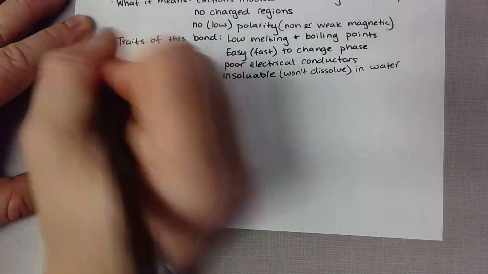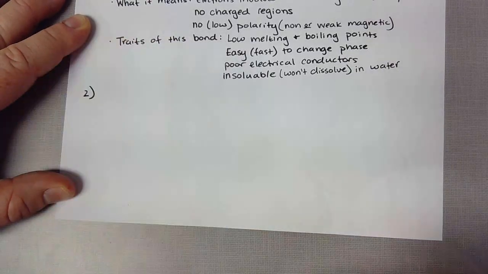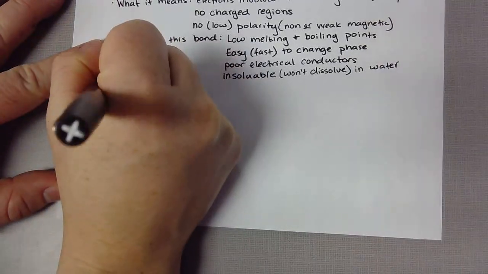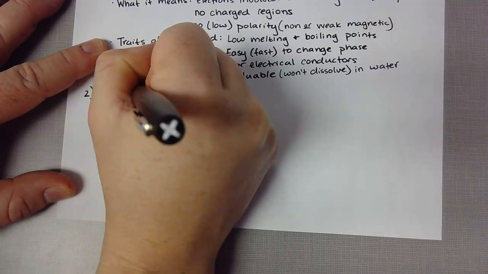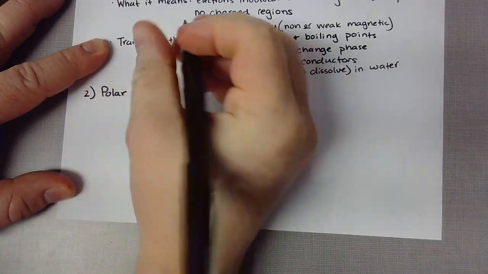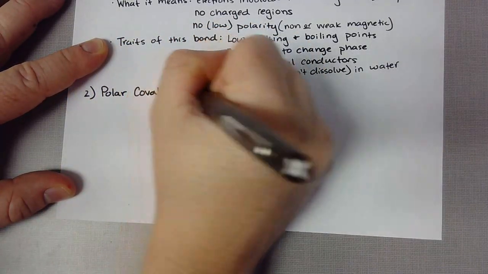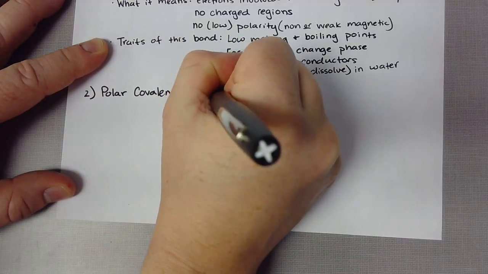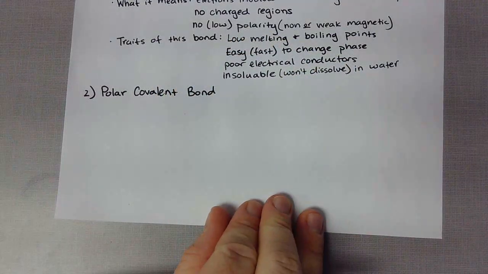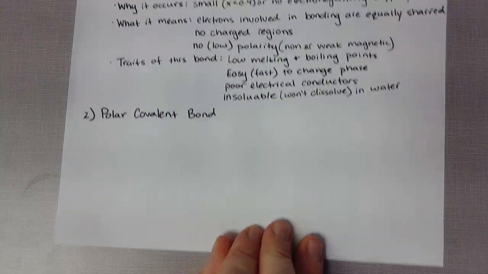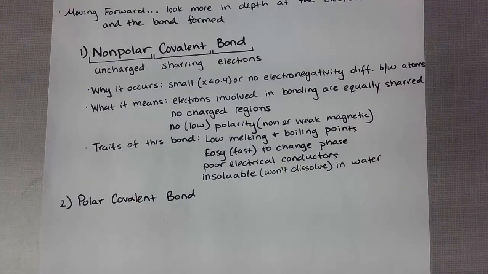Our next type of bond is called a polar covalent bond. We're going to break down this term using the breakdown from our previous term.